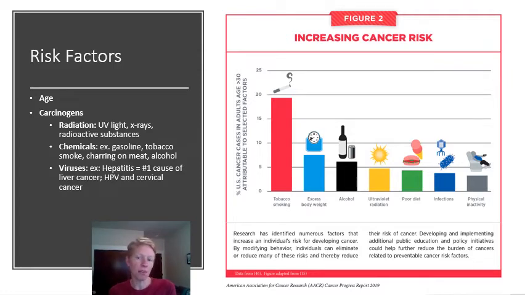So think about when you go to the dentist and you need to get X-rays, they put that heavy lead vest over your body, and that is to actually protect the rest of your body from those X-rays.